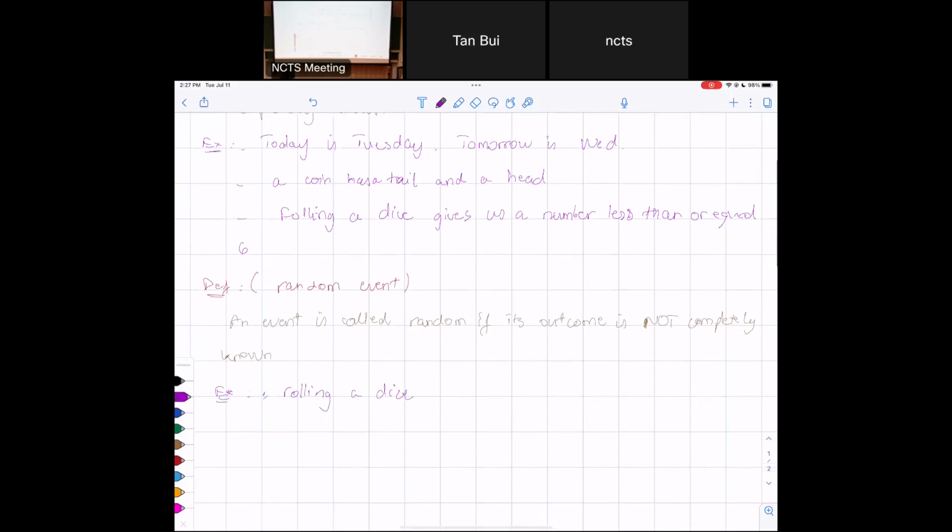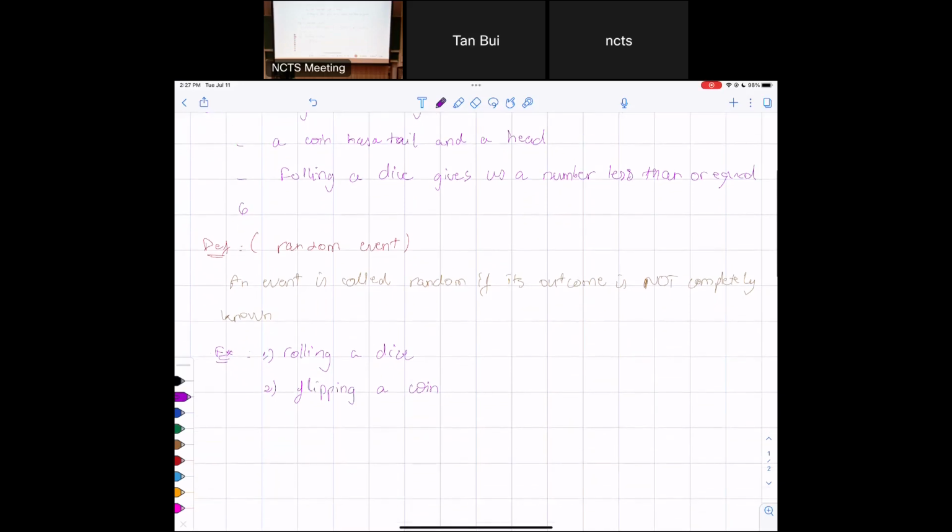Another example is flipping a coin, or the weather tomorrow. The weather tomorrow, we don't know for sure.